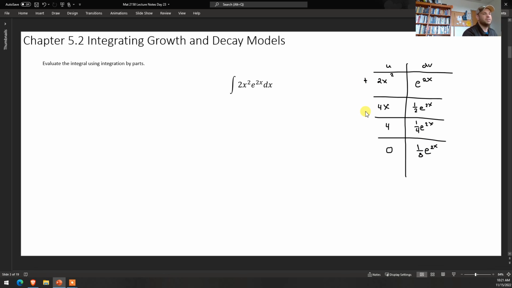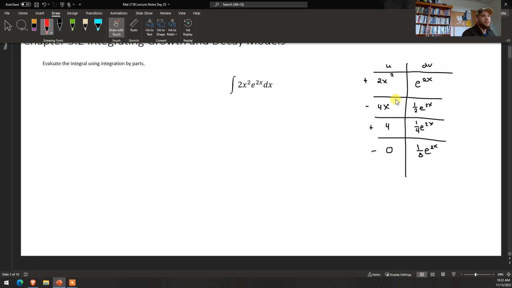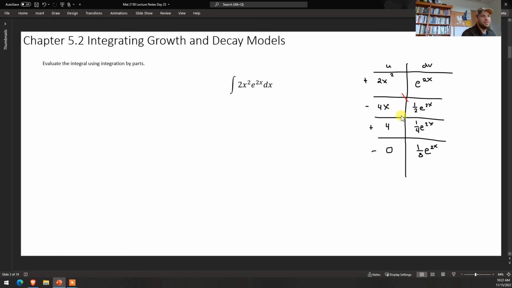Now, starting in the top left corner, start with a plus, a minus, a plus, and then a minus, corresponding to the minus v du term in the integration by parts formula. And now we read our boxes across these diagonals.